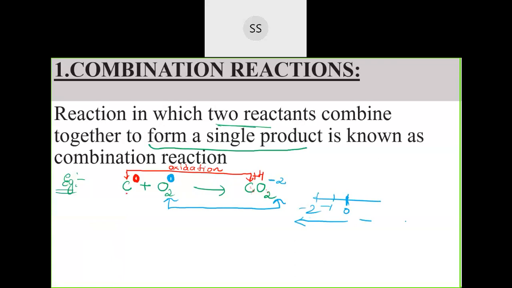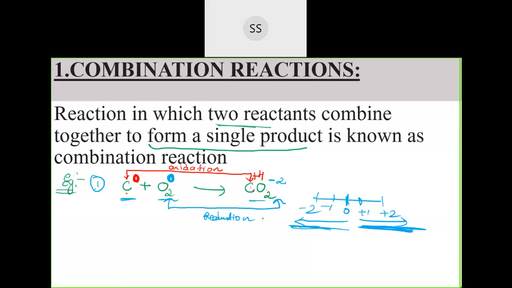If you are going this side, towards your right hand side, it is increase in oxidation number. Towards your left hand side, decrease in oxidation number. So that means you are undergoing reduction. So it's a redox reaction. Understood? You need not do all this, but just check out at the end whether it's a redox reaction. So combination reaction where carbon has combined with oxygen to give you carbon dioxide.